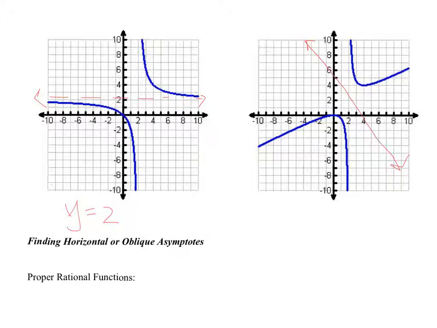It appears the equation is y equals negative x plus 5. And again, this is just an estimation. That may not be the equation. I'm just guessing based on the graph. If you know the function, you can identify the exact oblique asymptote, but it appears to be roughly about y equals negative x plus 5.